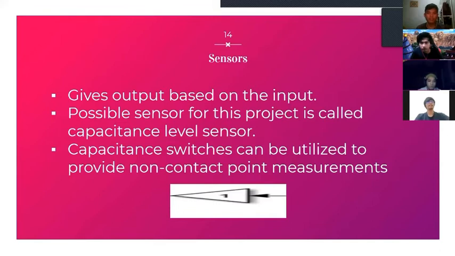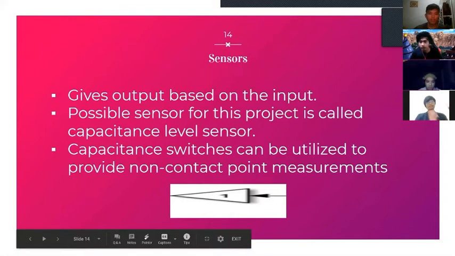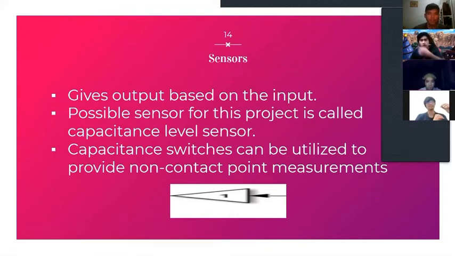Okay, as for the sensor, a sensor is a device that gives an output signal based on the input signal. It basically converts a signal from any energy domain into the electrical domain. The possible type of sensor to be used for this system is the capacitance level sensor.